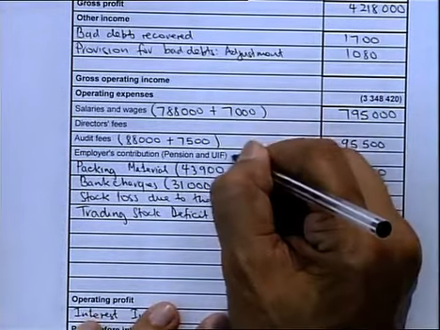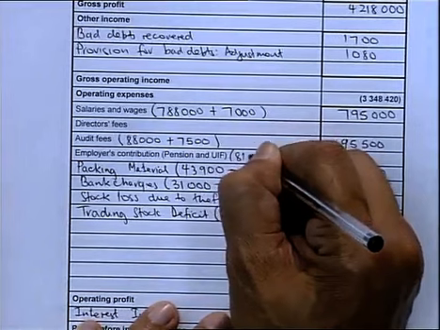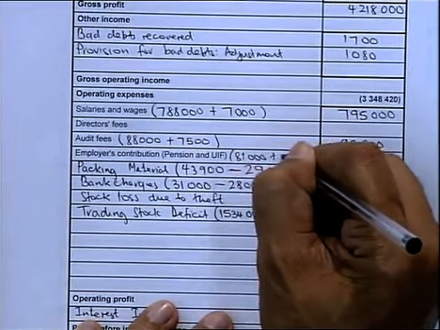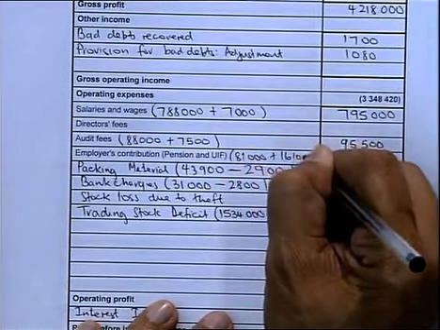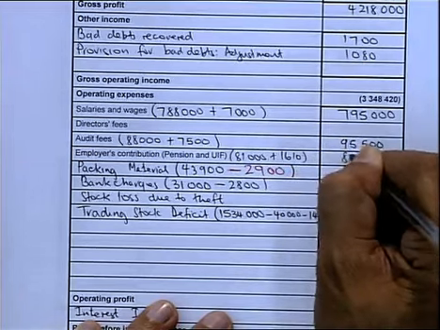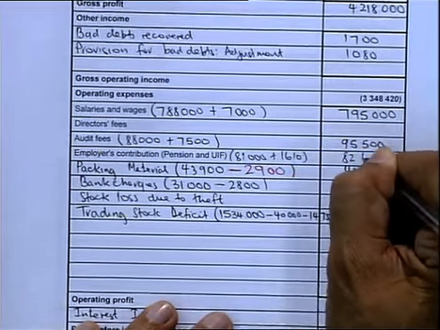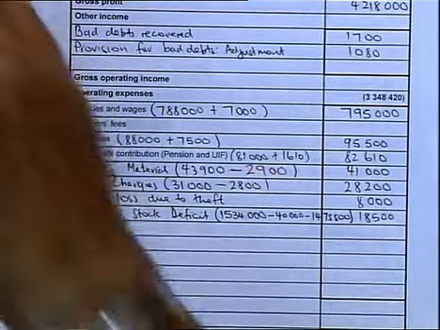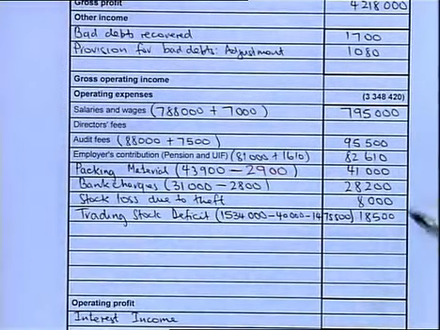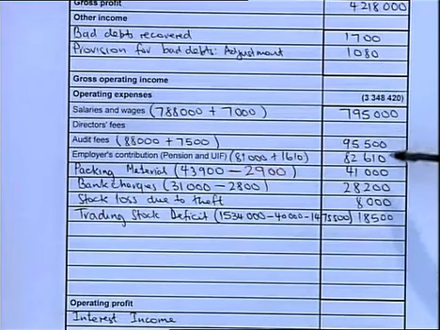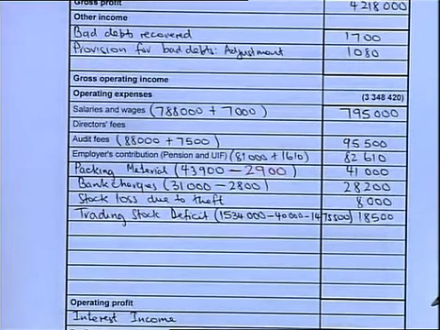So the existing total is 81,000 plus the 1,610 gives you 82,610. That's a common adjustment that we find from grade 10, and it surfaces in grade 12 as well.